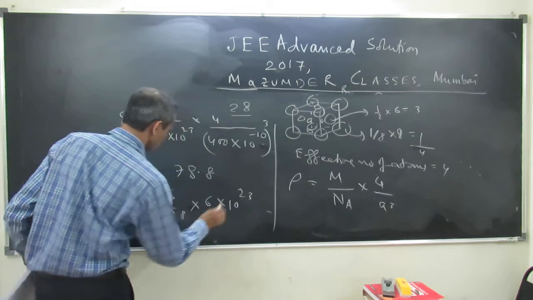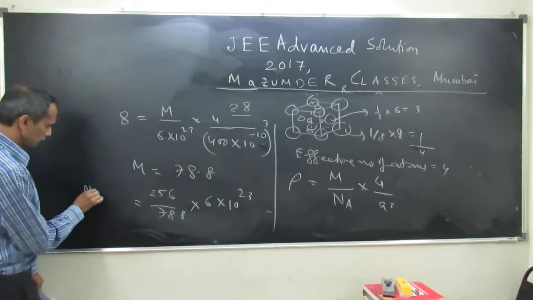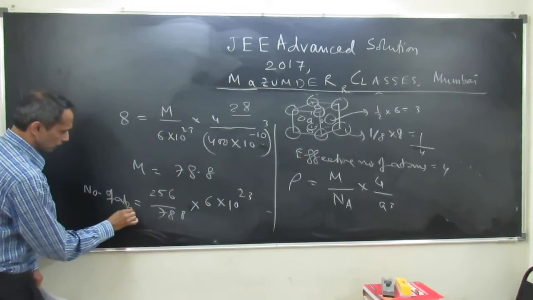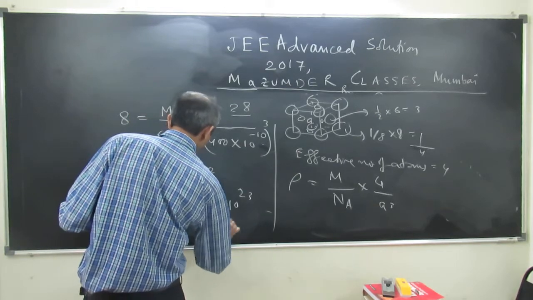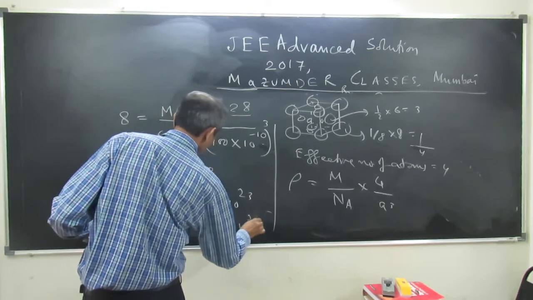They are asking for the number of atoms, so obviously what comes out has to be approximately 2 into 10 to the power 24.